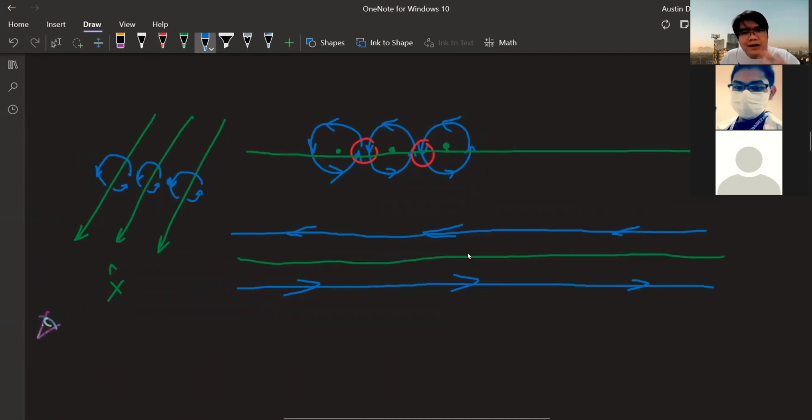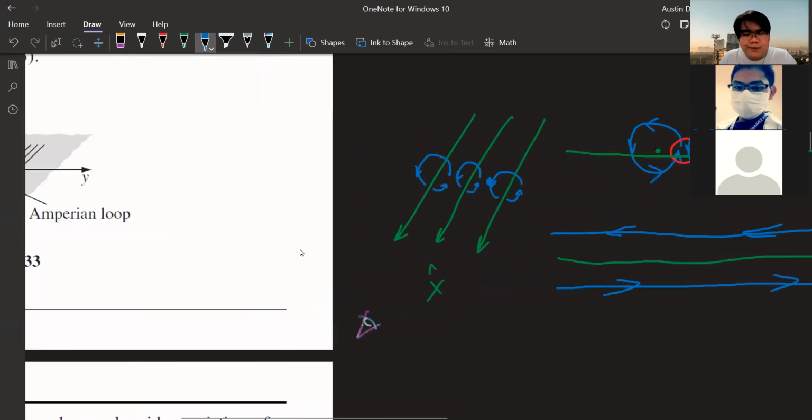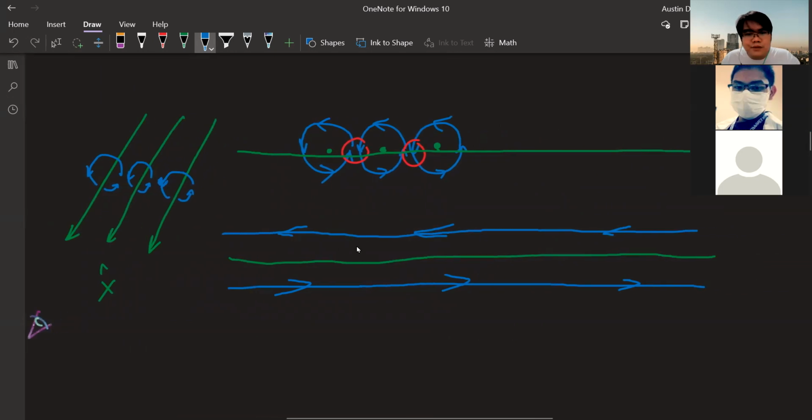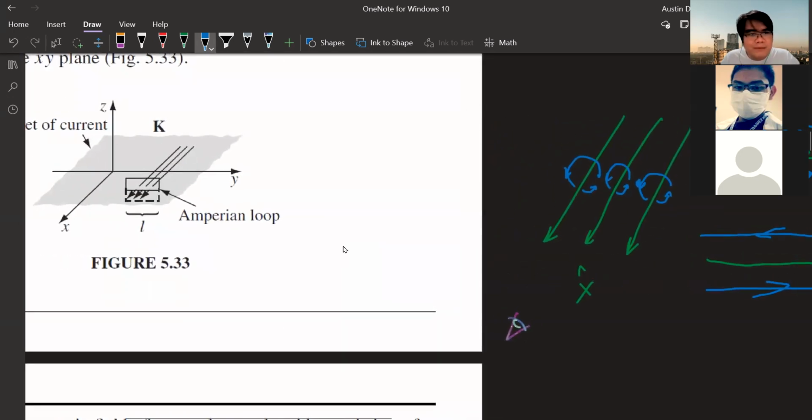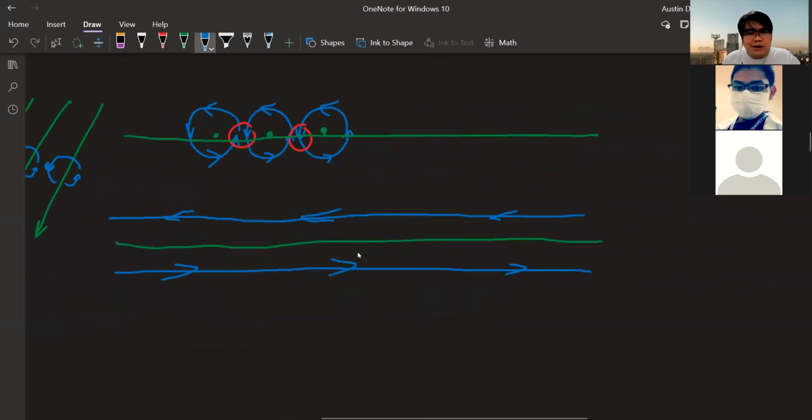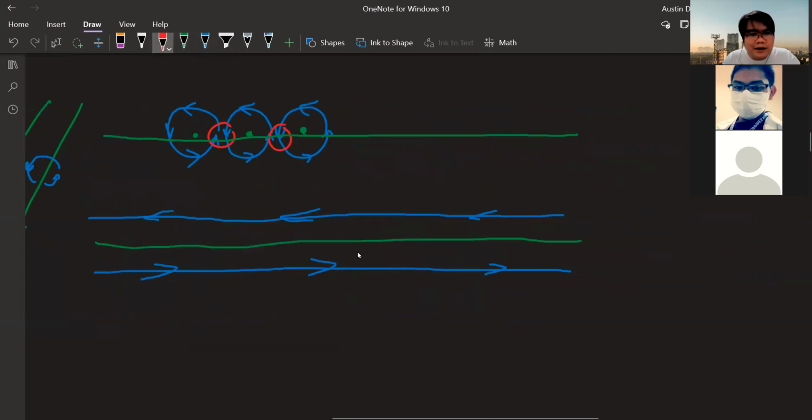So, pipili tayo ngayon ng Amperian loop na madadaanan nitong mga magnetic field mo. So, we can say that our Amperian loop would be something like this. Pili ako ng some square lang dito. Okay?